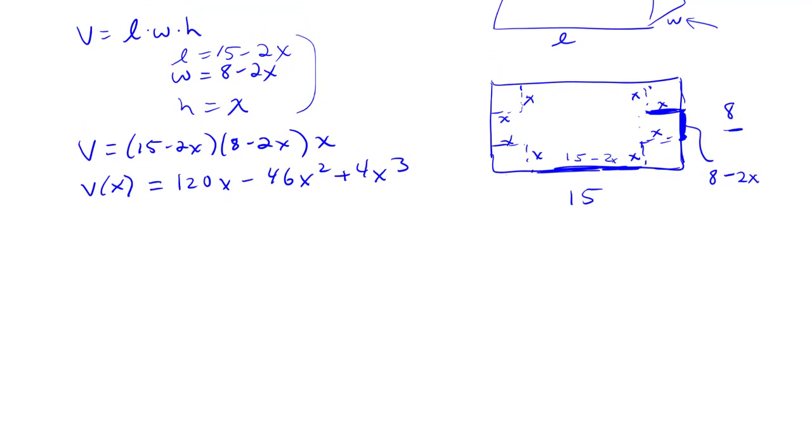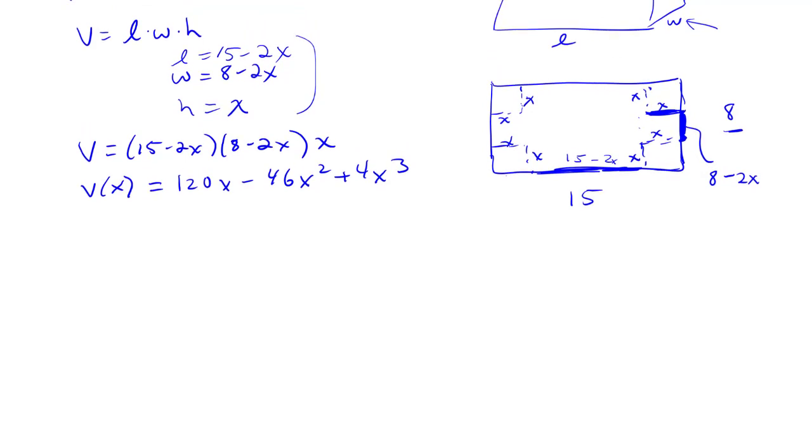So, are there any restrictions? Well, obviously I need all these sides to be some positive value. So if I take the x, well, that doesn't sort of restrict me. It just says anywhere from bigger than 0 to infinity. But I can't make x too big, because I can't let the side 8 minus 2x get to 0.